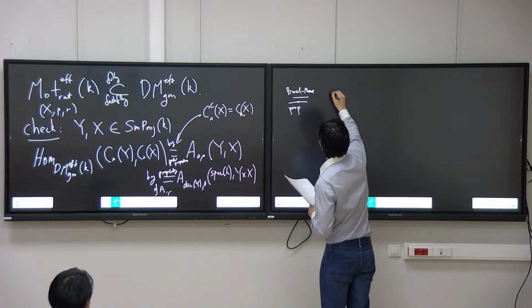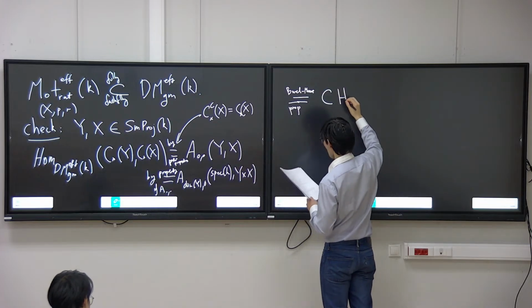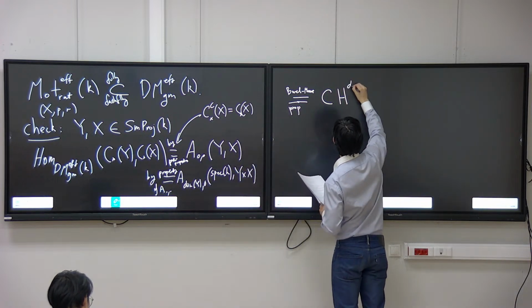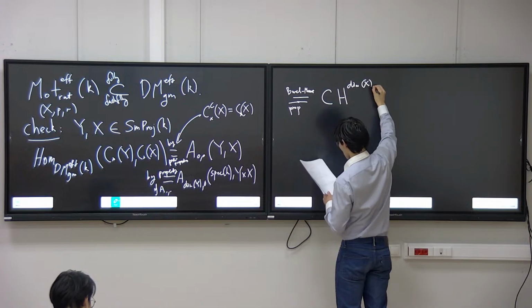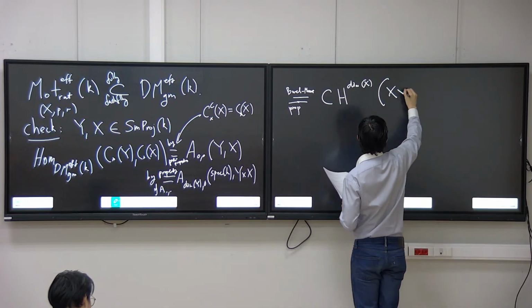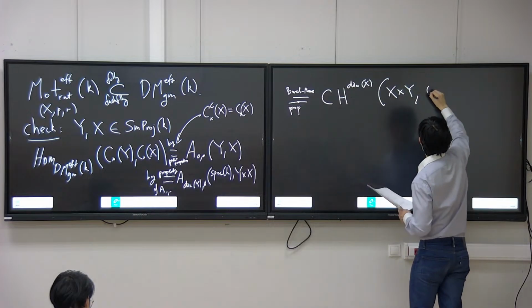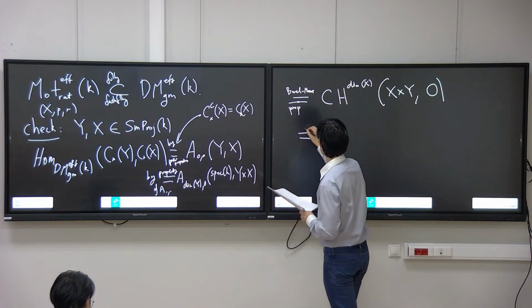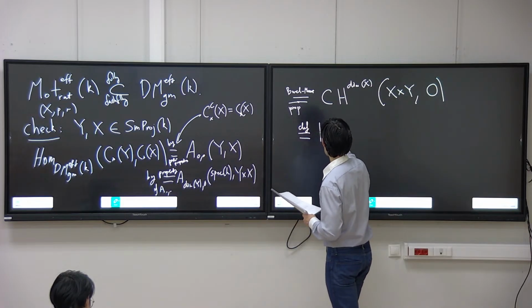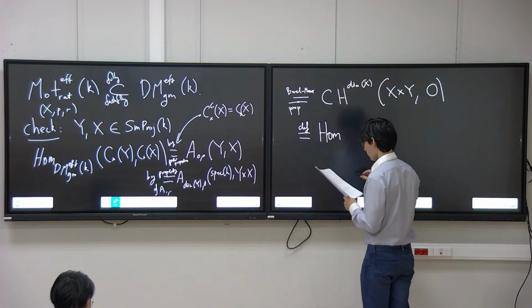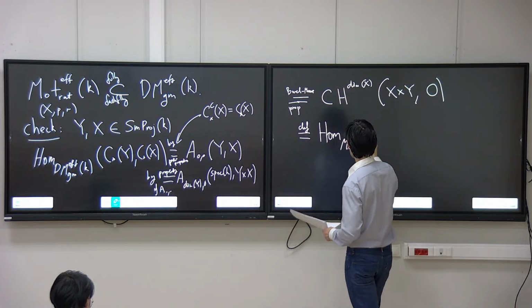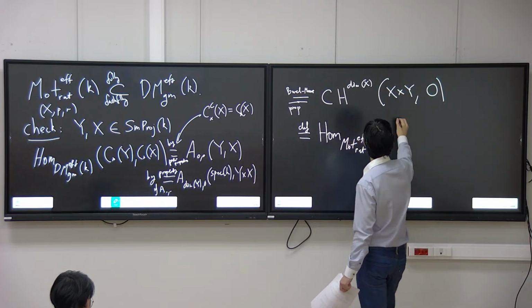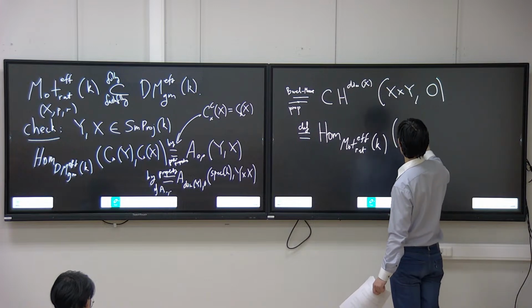This is equal to higher Chow groups, but somehow the dimensions here match up in a way that we get a higher Chow group in homology 0, which is just the usual Chow group. And so this, by definition, was the homomorphisms set, or group, in our classical Grothendieck category of rational motives, but from y to x.